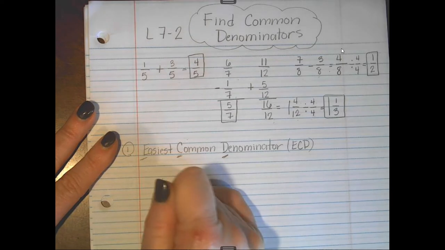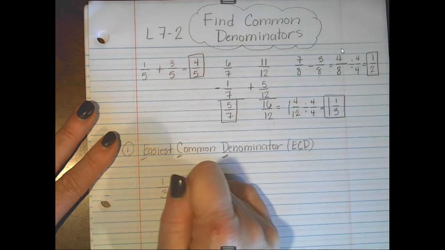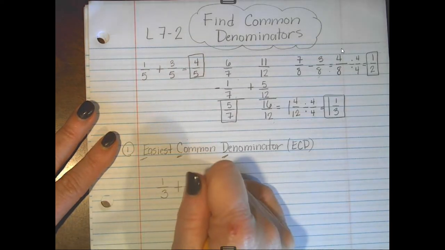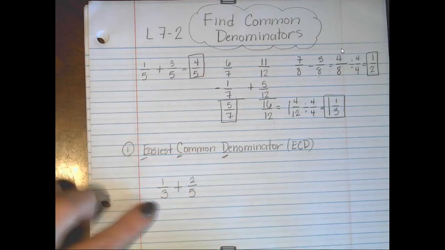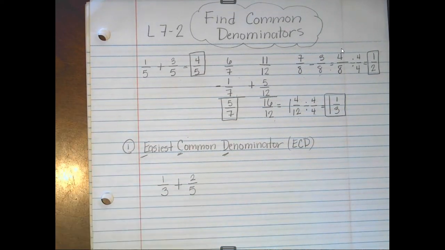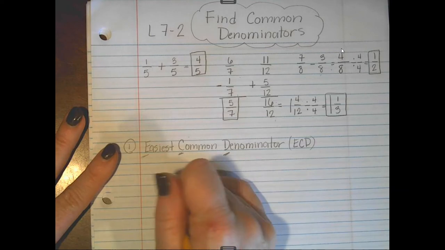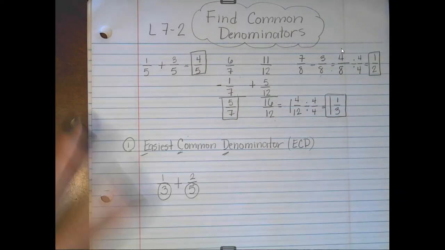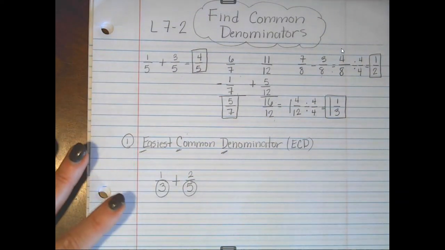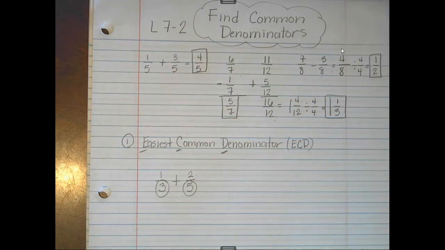So if we have 1/3 and we're going to add it, let's say, to 2/5. You see that we do not have the same denominator. They're different denominators. But when I look at my times tables, I know that 3 times 5 is 15 and 5 times 3 is 15.